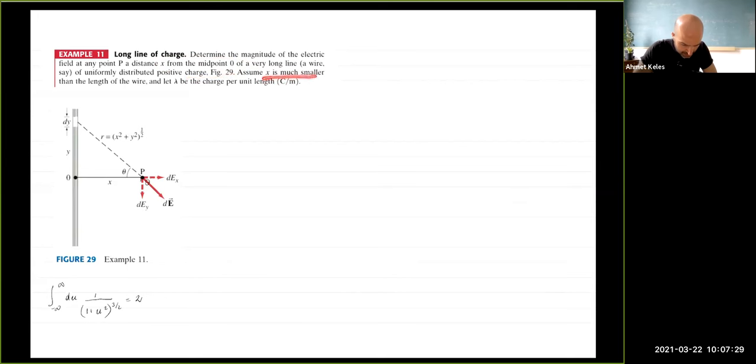Assume x is much smaller than the length of the wire, and lambda is the charge per unit length. For simplicity, let's imagine this line goes from minus infinity to plus infinity. It's infinitely long, and we are interested in the electric field at the distance x away.